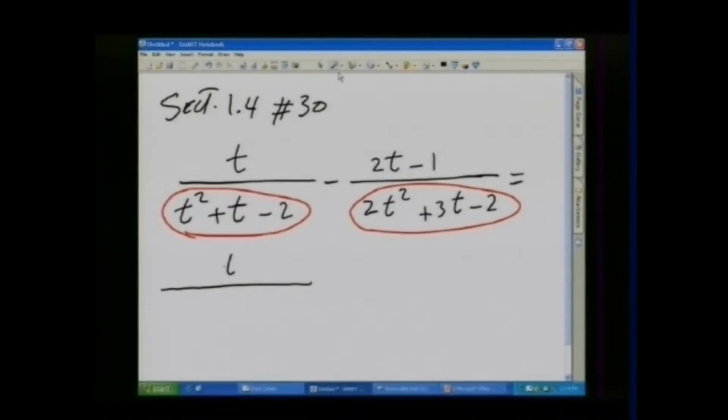Let's do the first one. To factor, I'm going to put 2 parentheses, and again, I look at the first term here, t squared, and say, how can I get a t squared? Well, if I have t multiplied by t. Then next, I would look at the constant, which is a minus 2, and say, how can I get a minus 2?